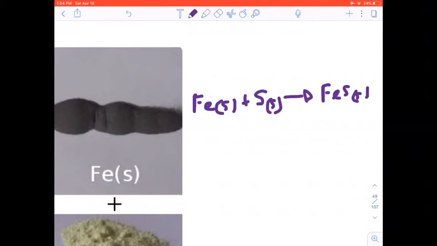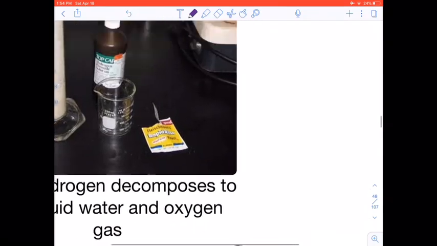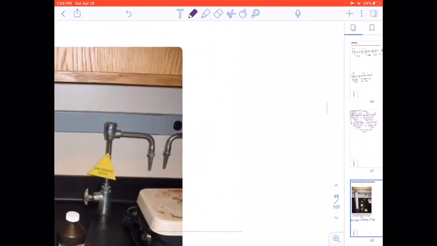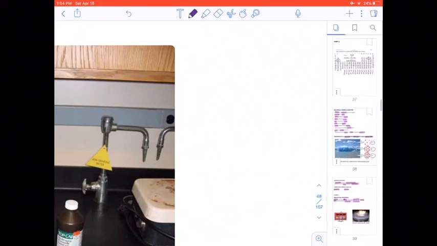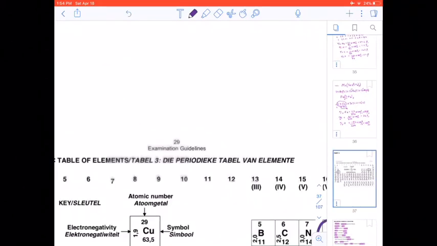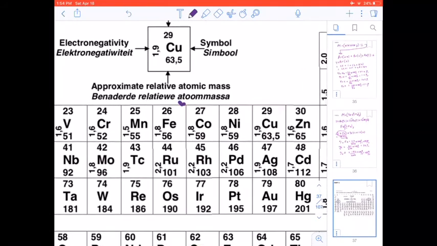And if we look at iron and see what its mass is, its mass is 56.